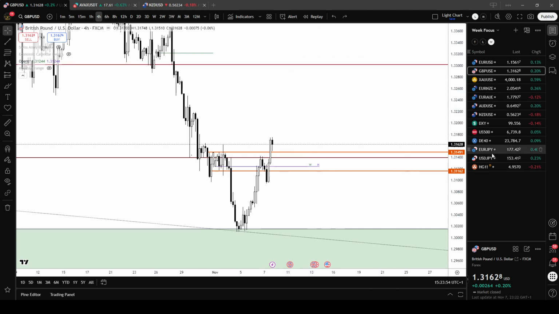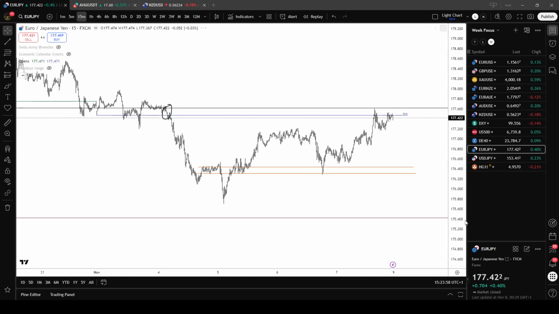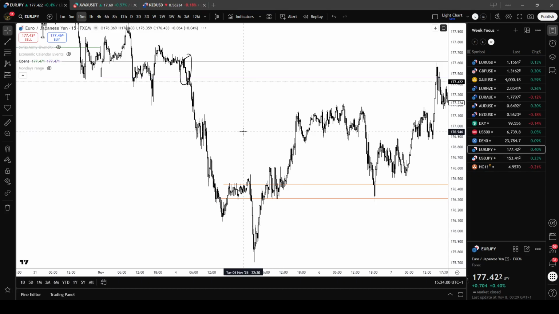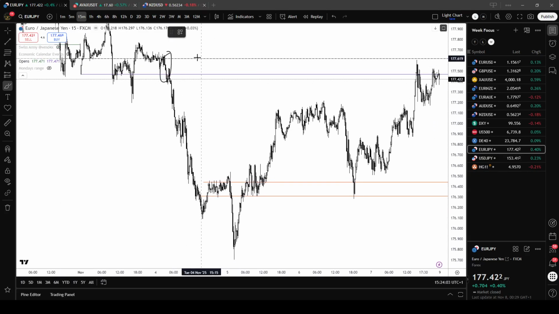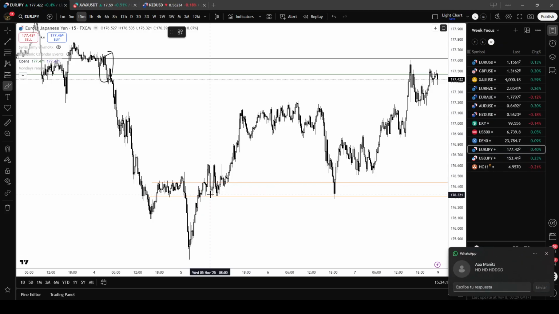And I'm gonna show you on EURJPY. I have this example ready for you guys. Look here. This right here was the origin of a move lower. We formed a range. We had the flush, which was the GBPUSD deviation equivalent, right? And we trade back inside the range.